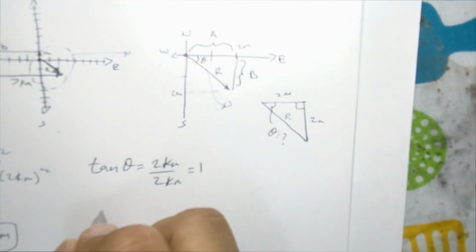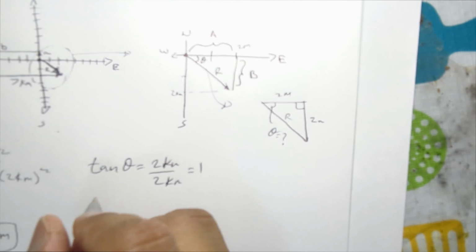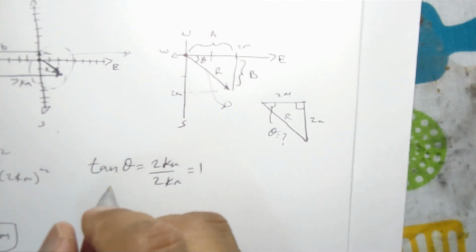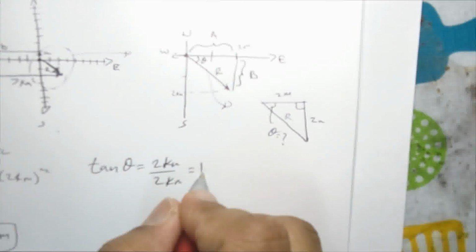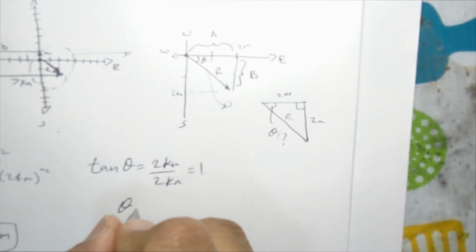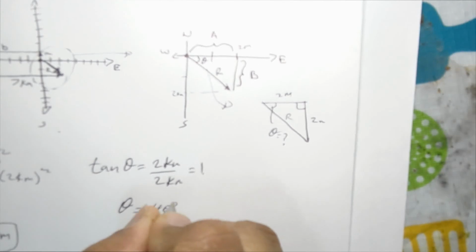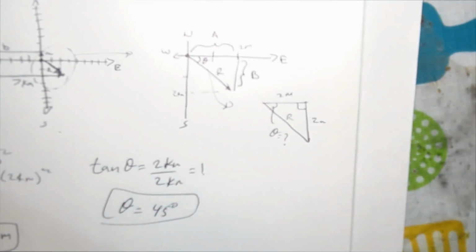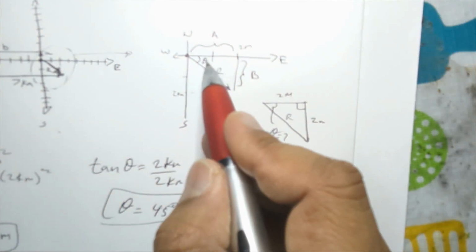So how do you solve that? Tan of what angle gives you 1? If you put that in the calculator, you get theta equals 45 degrees.